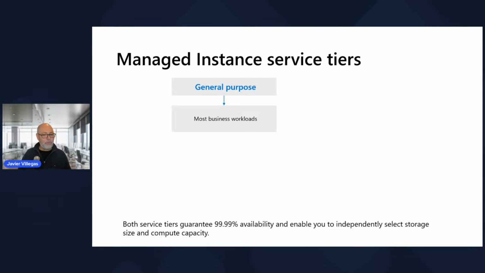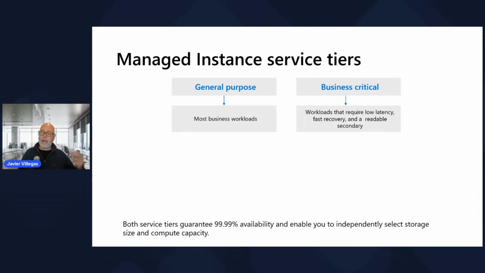But if eventually we have workloads or applications that require lower latency, especially on the I/O, on the storage, and an additional read-only replica, there is this service tier called Business Critical.